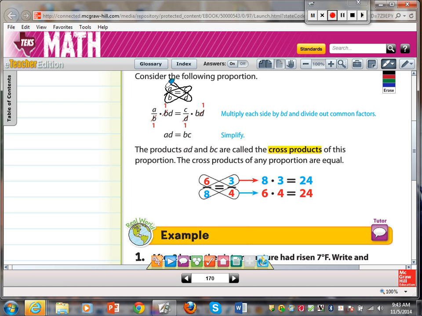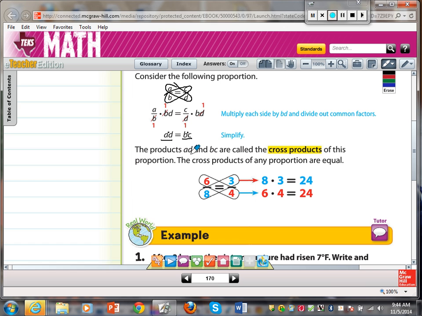So here, A times D, you just put it AD. And then B times C, it just turns into BC, because you really don't know what those numbers are. So you just put them together. Remember that two letters together means multiplication. I'll put a dot there for multiplication.